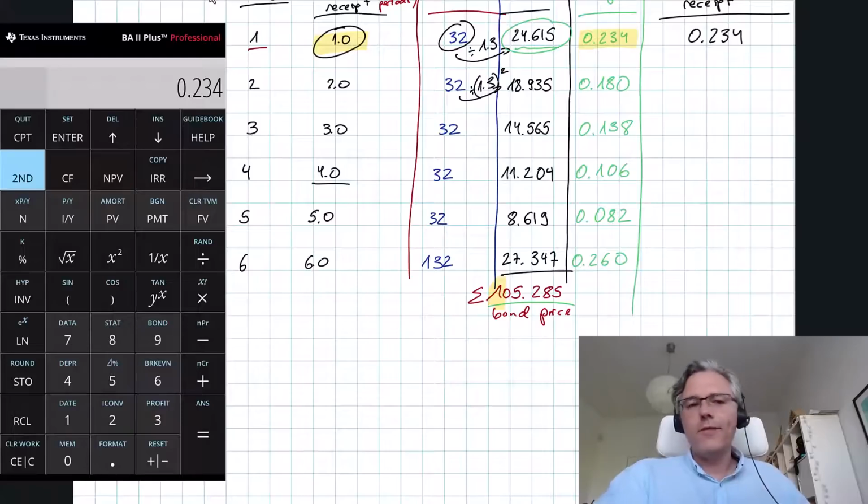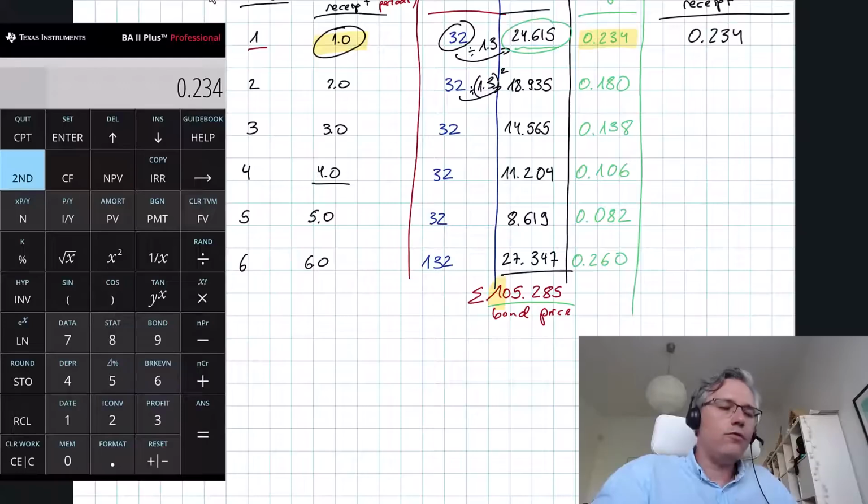Because I've got my calculator set up under algebraic operating system, it should respect the basic laws of algebra, so do multiplication before addition.